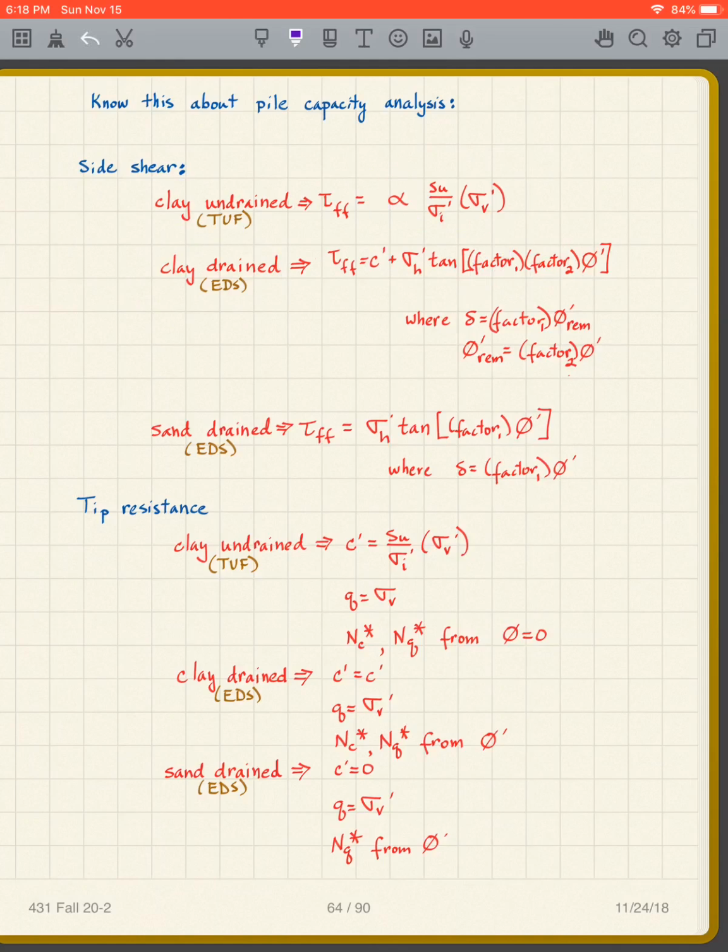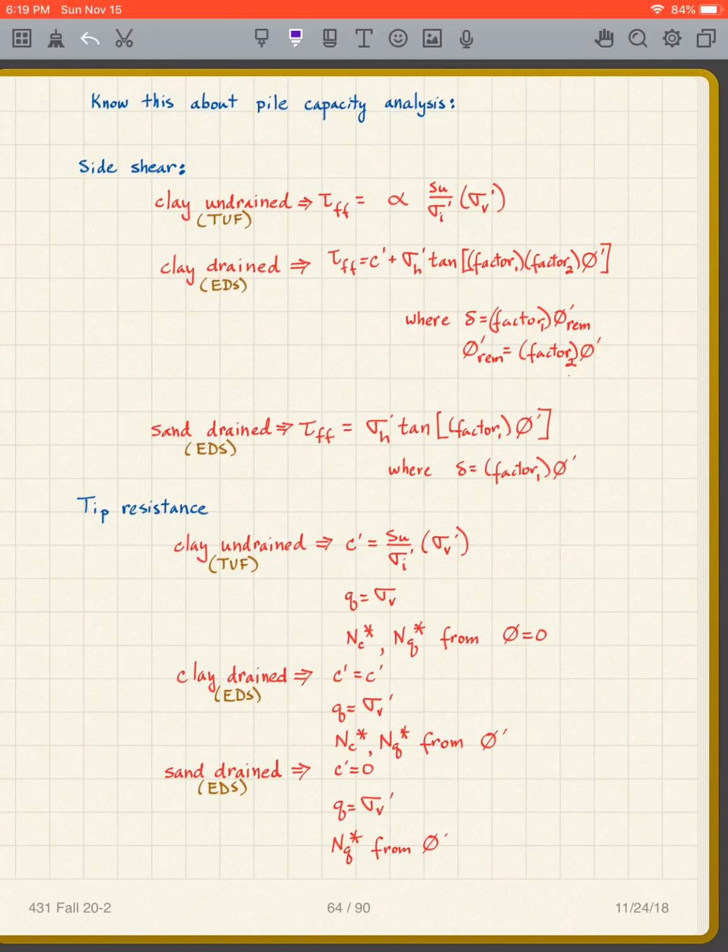Well, the delta is a factor times phi prime remolded, and phi prime remolded is a factor times phi prime. So, I call them factor 1 and factor 2. Eventually, you have to multiply them both out onto phi prime. These are going to have to be given to you, so you just pay attention to the factors, and this is where you put them. This is where I put alpha. You just have to know where to put those factors, basically.